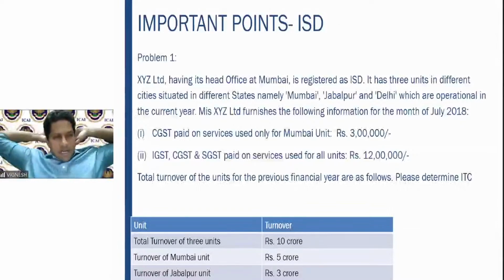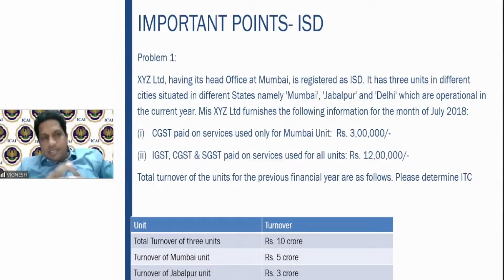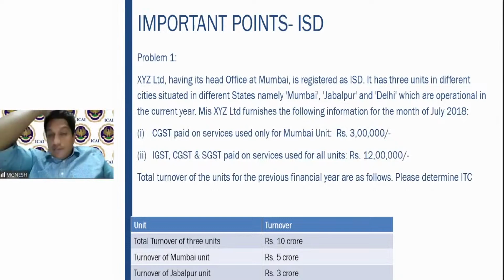A problem based on ITC. XYZ Limited, having head office at Mumbai, is registered as ISD. It has 3 units in different cities, in different states, namely Mumbai, Jabalpur, Delhi, which is operational in the current year. Mr. XYZ furnishes the following information. CGST paid on services used only for Mumbai unit is 3 lakhs. IGST, CGST, SGST paid for all the units is 12 lakhs. Total turnover for the previous financial year is as follows. Please determine the ITC.